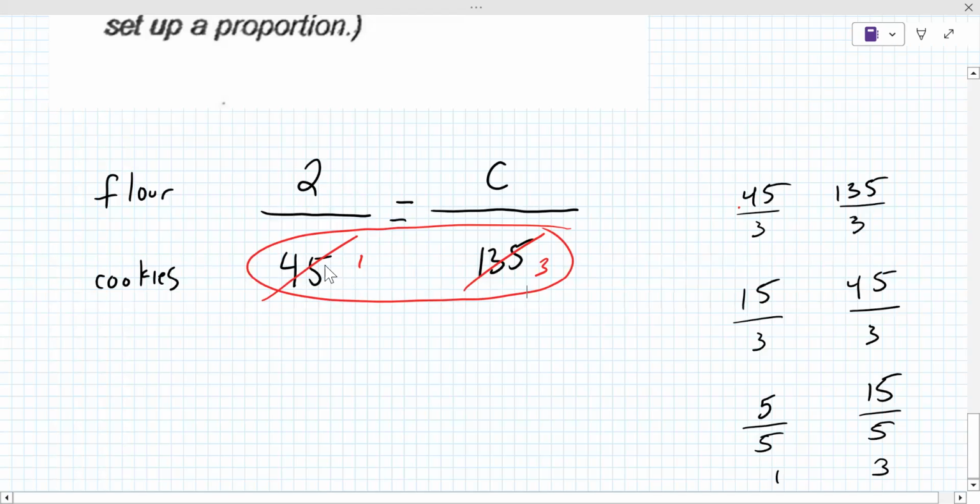Go ahead and solve this by diagonally multiplying. And you're basically there. You basically got the answer there in one step. Okay, so just 6. C equals 6.